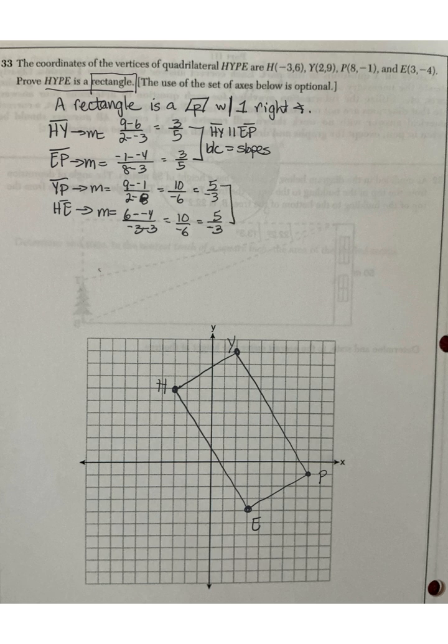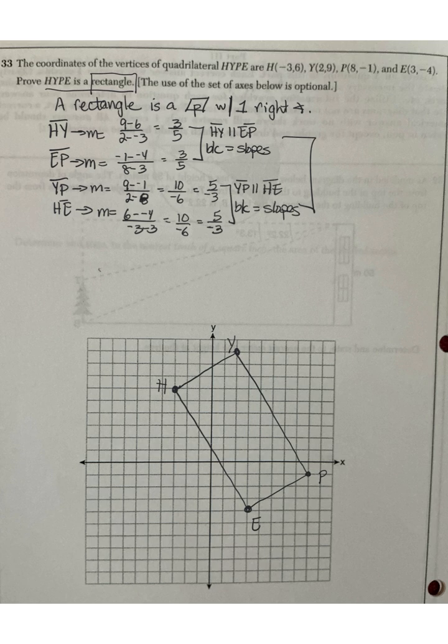So if I look at these two, now if you notice, I simplified these. You can put it in the calculator and it'll reduce it for you. There's a reason why I did that, and hold on, and I will show you. But in the meantime, I know that YP is parallel to HE for the same reason, because equal slopes.